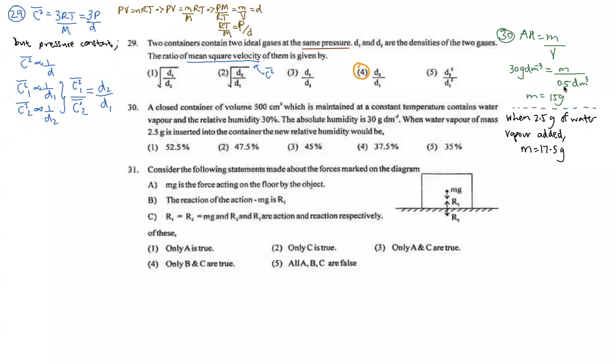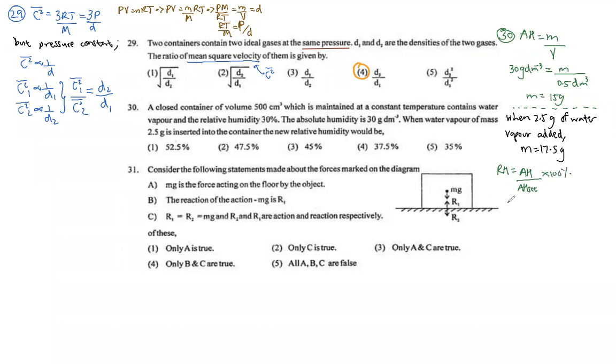Now I'm going to write an equation, see if you can understand. Relative humidity is equal to absolute humidity divided by absolute humidity of saturated vapor, into 100.